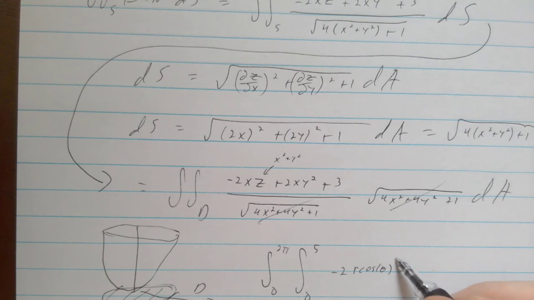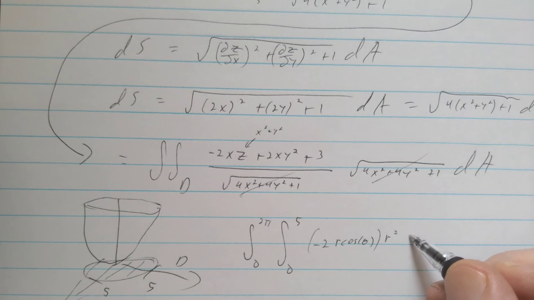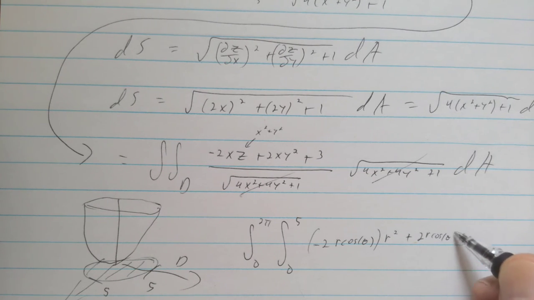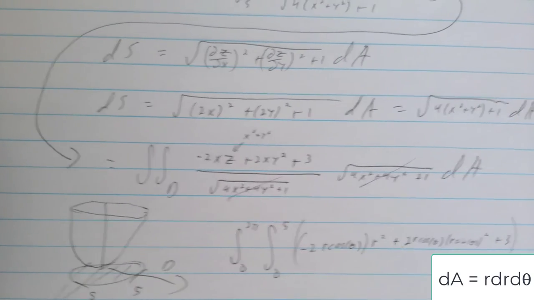And that'll be r squared when I convert it to polar. This will be plus 2 r cosine theta, r sine theta, quantity squared, for y squared, and then plus 3, and then all that dr d theta.